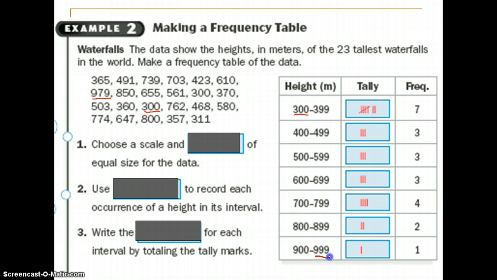We're just going to try to make it as close as possible and still have equal intervals. You can see that they actually went by hundreds. Yes, it may not look like it, but there are 100 numbers between 300 and 399 because you have to count 300. You can see that they did not overlap the numbers, so they stopped at 399 and started back up at 400.